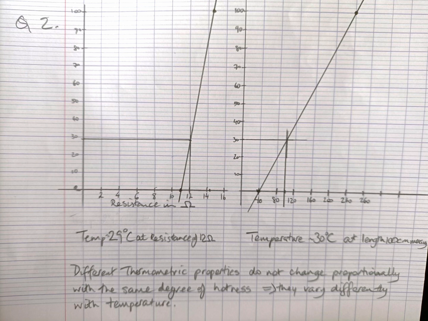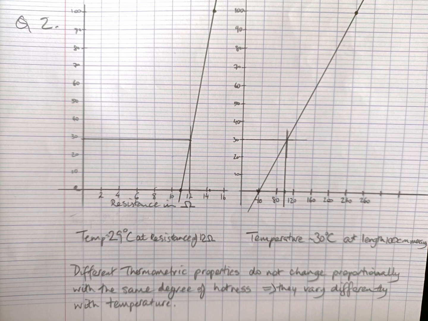You then join those 2 points with a line, and if the thermometer was placed in a liquid at unknown temperature somewhere in the middle, we knew that the resistance was measuring 12 ohms in that case. So you had to find 12 ohms on your resistance axis, come up, see where it cut the graph, and then come across to read the temperature. So at a resistance of 12 ohms, the temperature was measuring approximately 29 degrees Celsius.